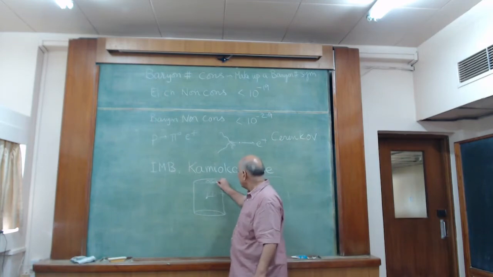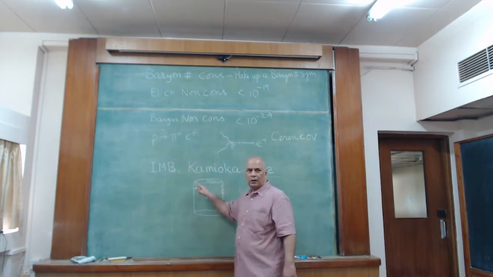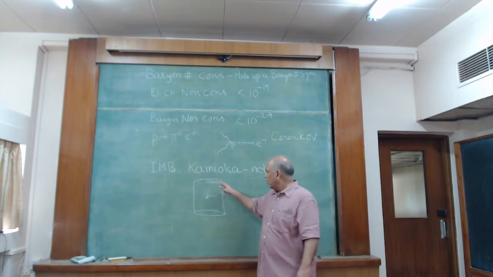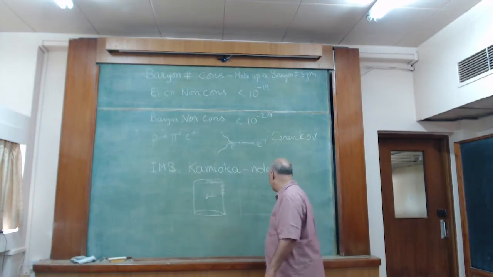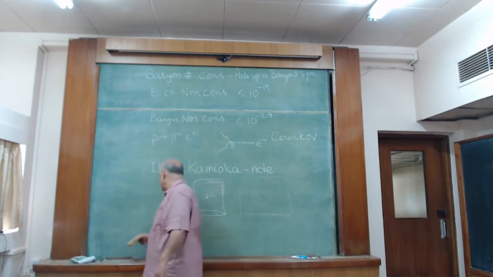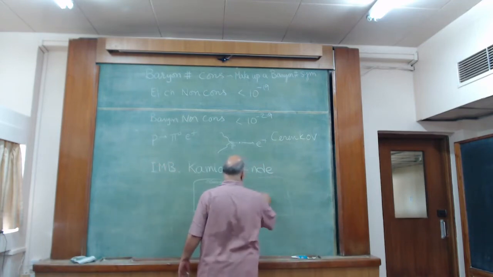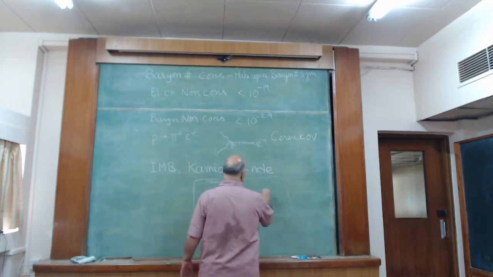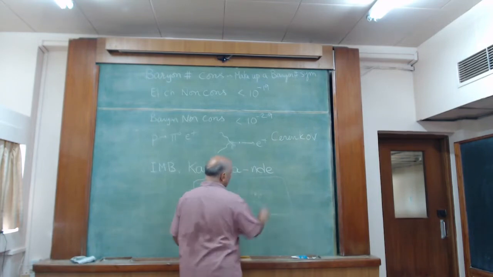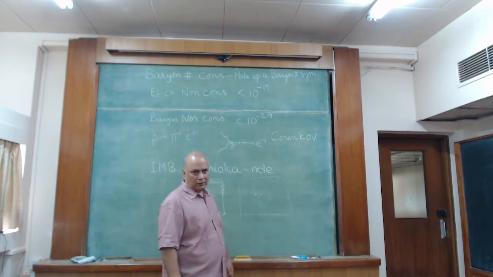So you find that all the photomultiplier tubes are hit, and you get a signal where the photomultiplier tubes in this whole circle are hit.